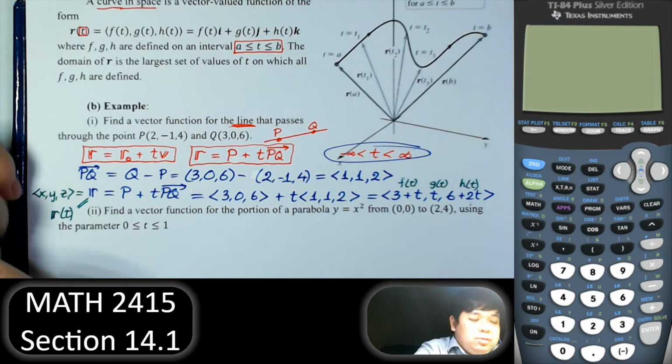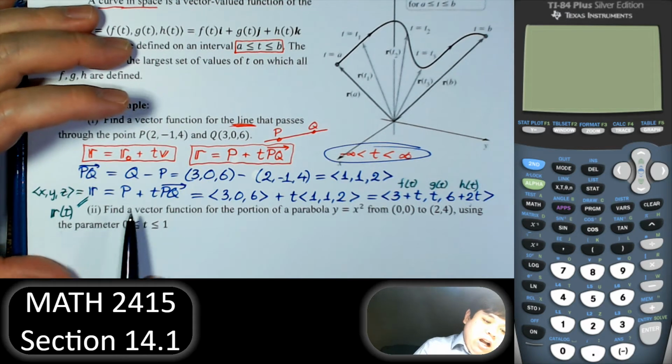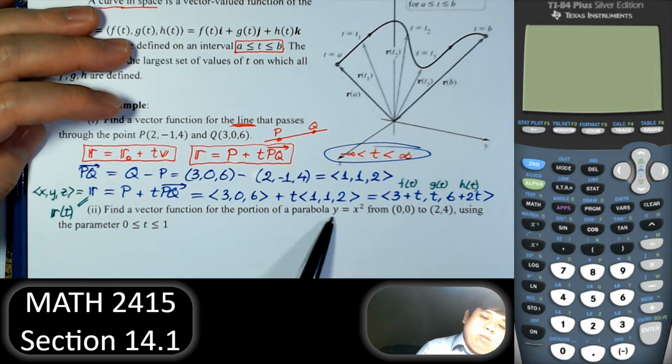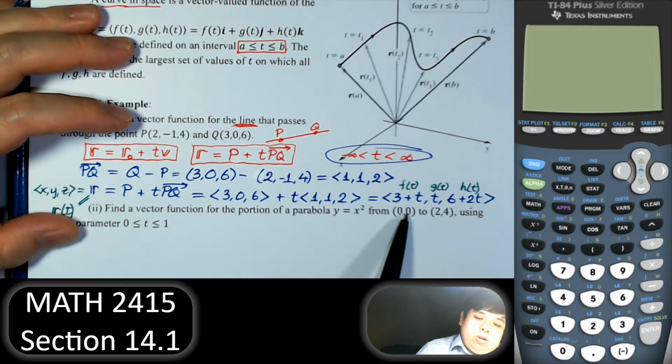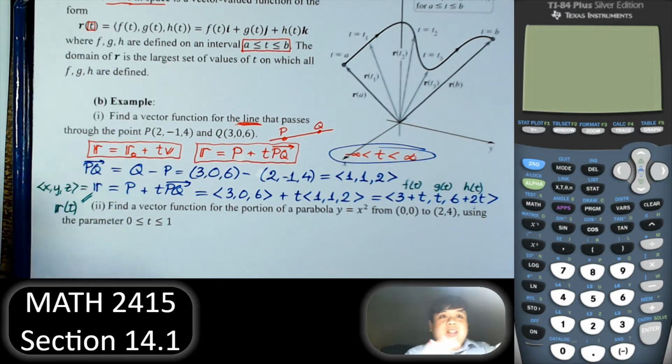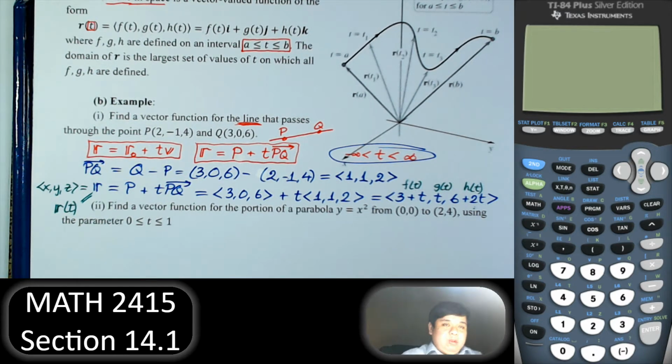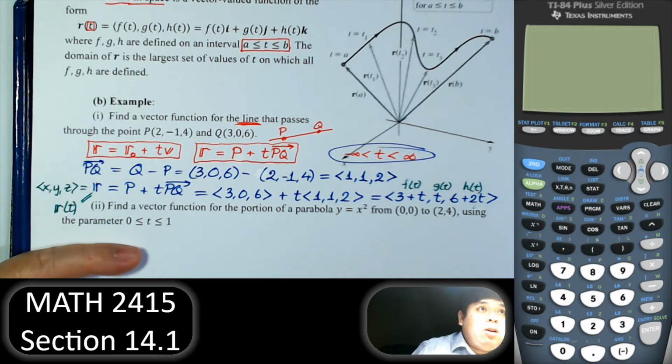Next we have this. Find the vector valued function for the portion of the parabola y equal to x squared from (0, 0) to (2, 4), but the parameter is between 0 and 1 instead of what we can choose.